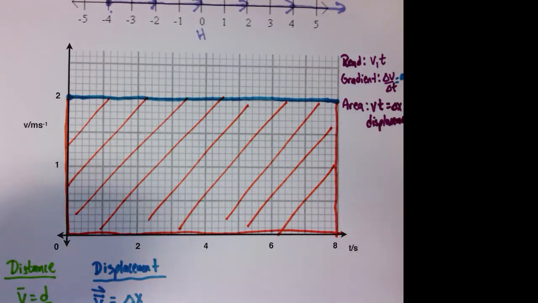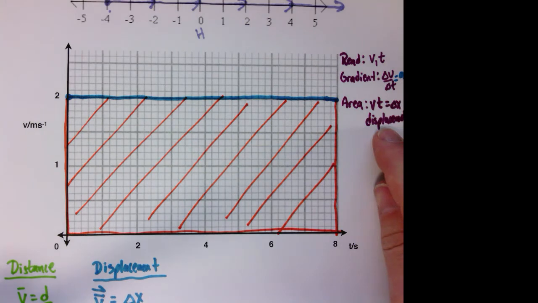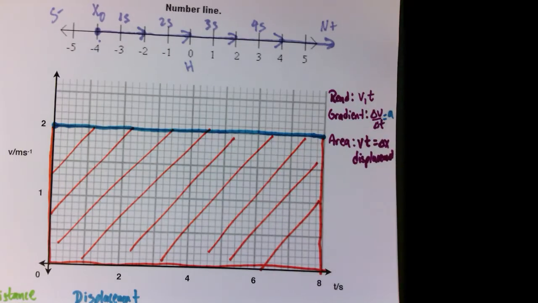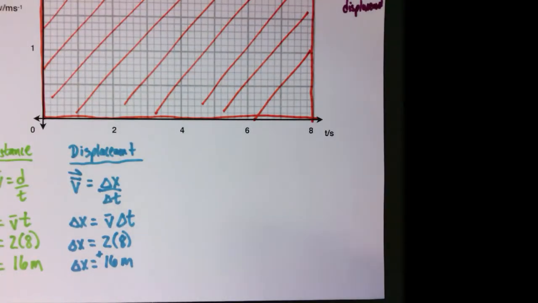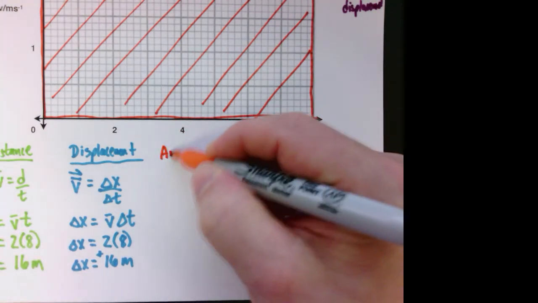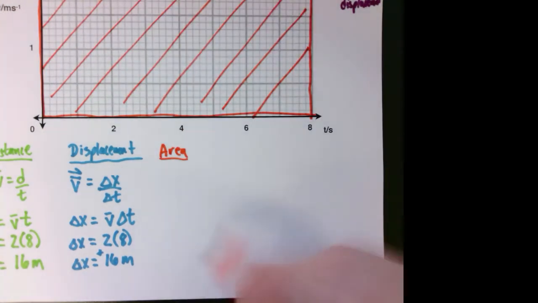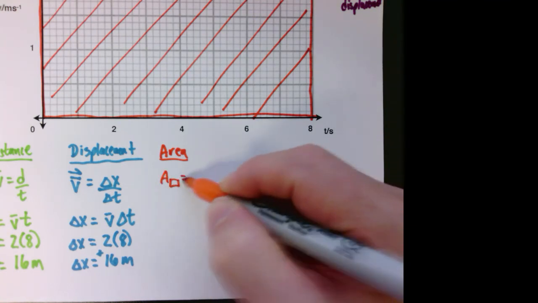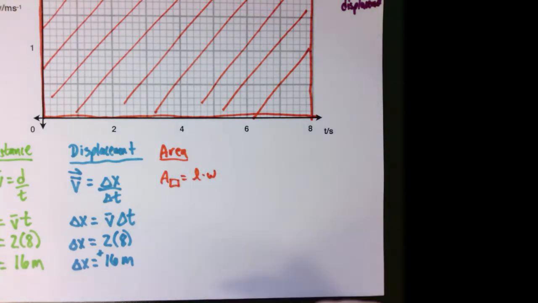So the area in this case, which gives us the quantity, the displacement, is equal to the area. So let's examine the area. It's a rectangle, so the area of the rectangle is length times width.